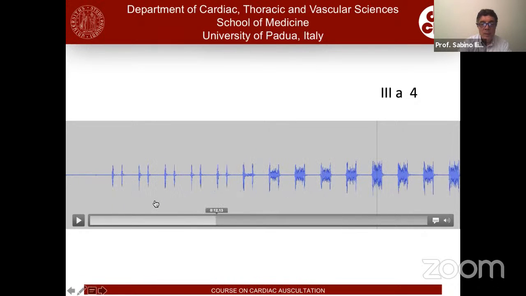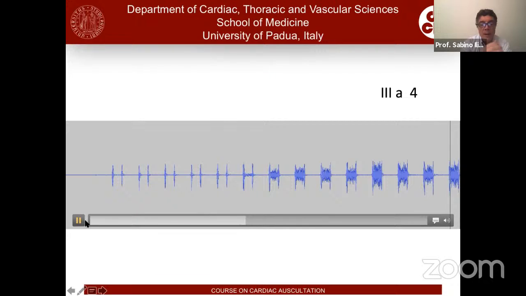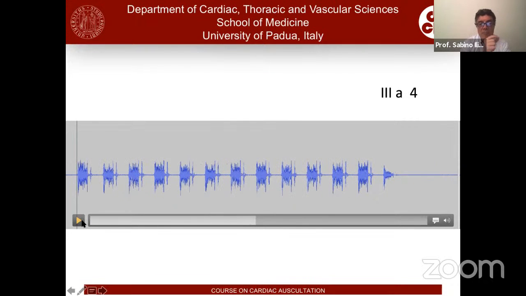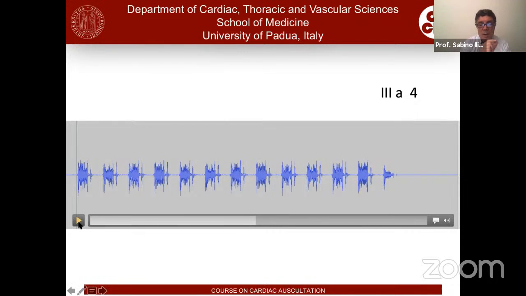I want to review with you just this part of the recording in order to maximize with you the meaning of this third sound. Okay, just a second. From this moment on, you will have mild regurgitation and the third sound. Please appreciate the low frequency sound immediately after the murmur. Close your eyes and concentrate on that.